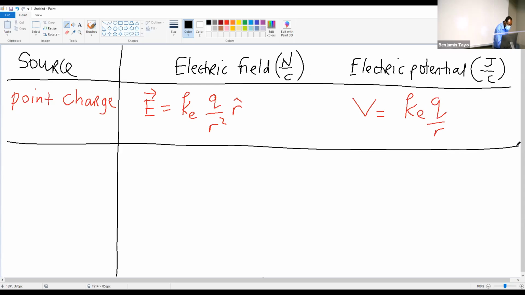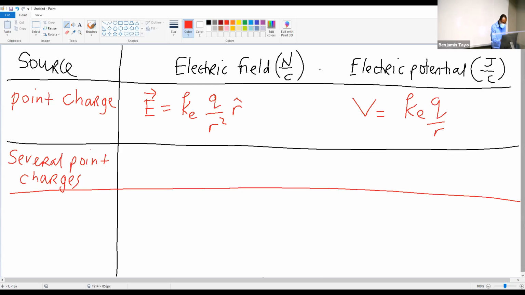What if I have several point charges, not just one, but several point charges? Then in this case, I calculate my electric field using this equation here.